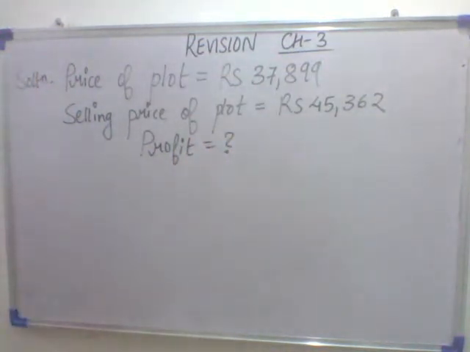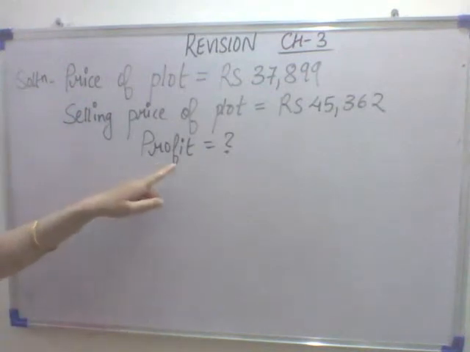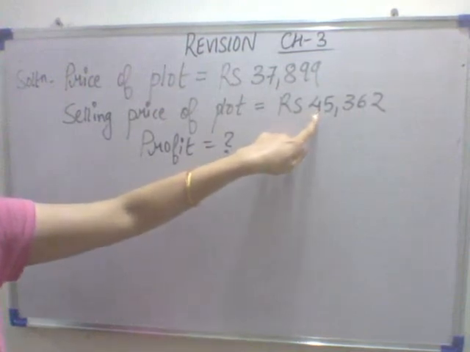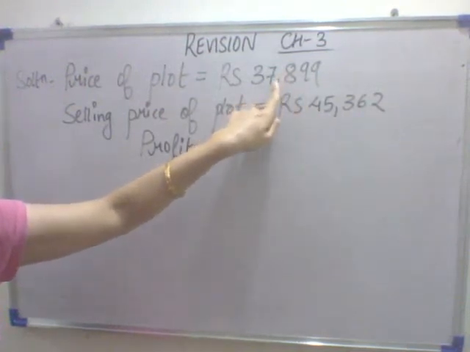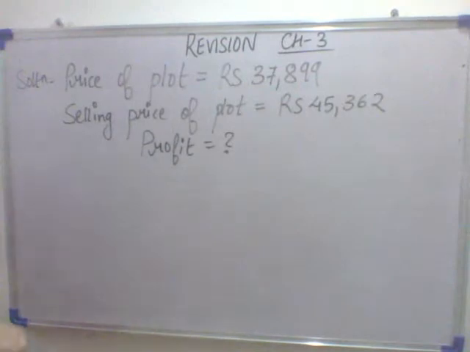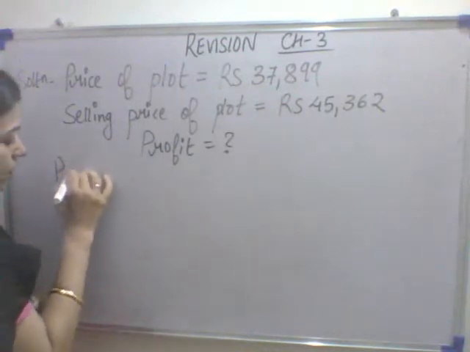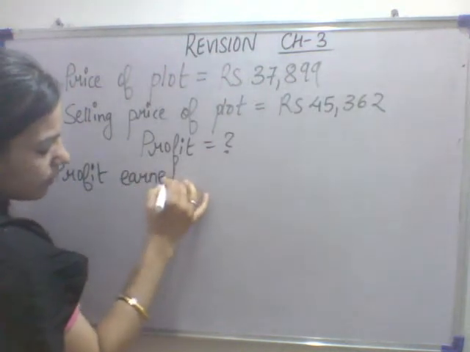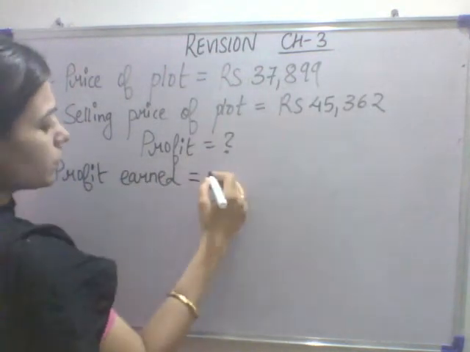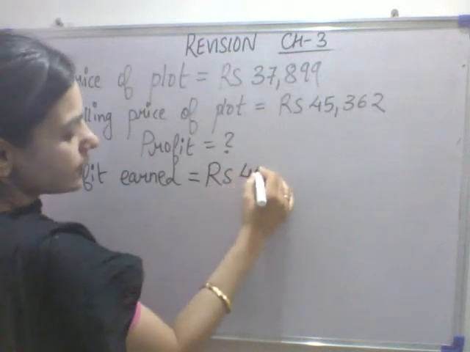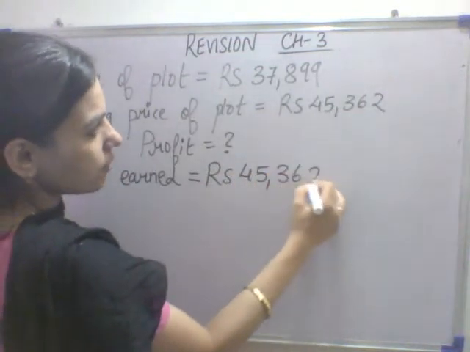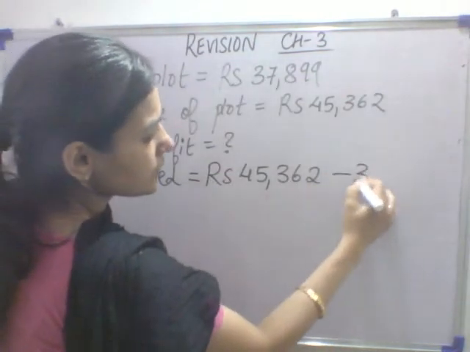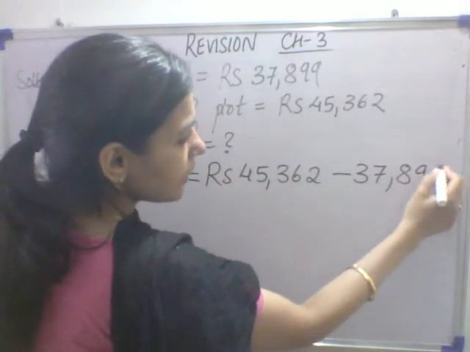So how will we be finding the profit? You will be subtracting the price of the plot from the selling price. So the profit earned will be equal to 45,362 minus 37,899.